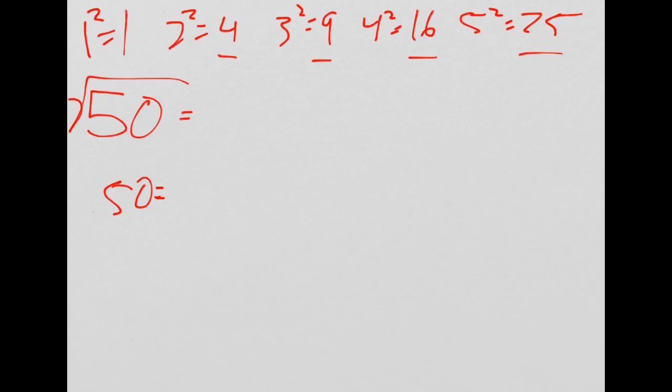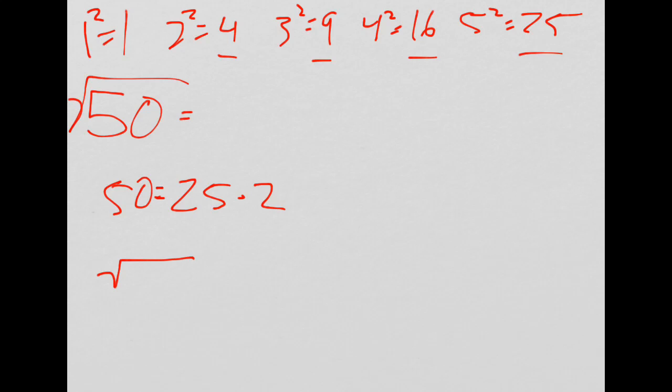Well, 50 divided by 4 is 12.5, so that doesn't work because you get a fractional answer. 50 divided by 9 is 5.55555 repeating forever, so that doesn't work. 50 divided by 16 is 3.125, also doesn't work. But we know that 50 divided by 25 is 2. So 25 times 2 is the same as 50.